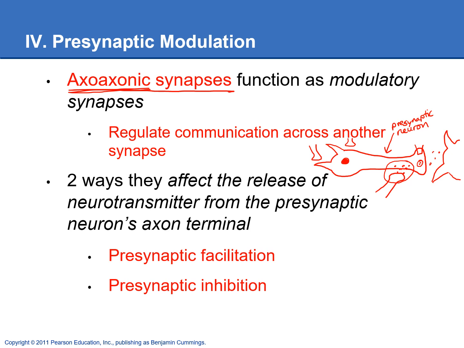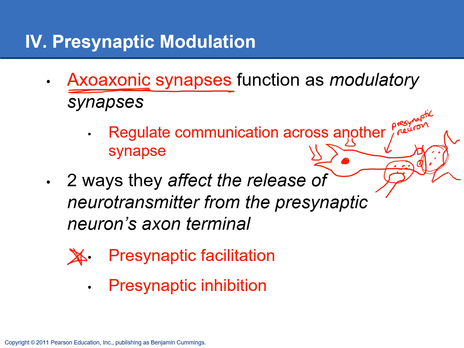And then the neuron can talk to whatever the postsynaptic cell is on the other side. So this axo-axonic synapse is going to affect how much of this neurotransmitter gets released.